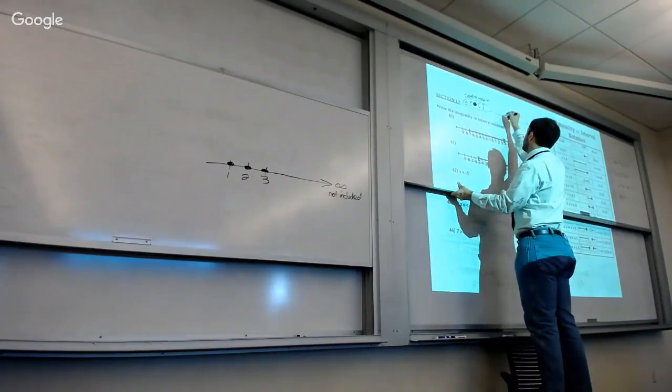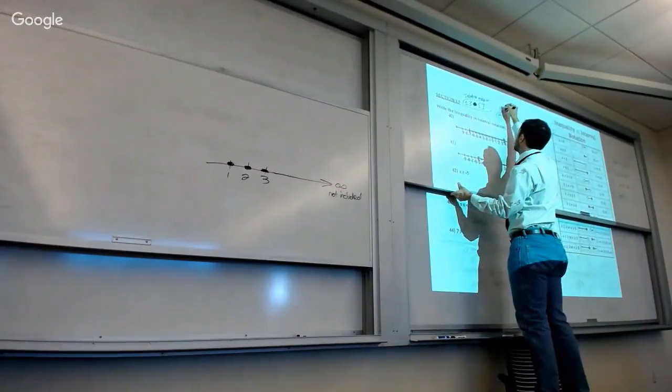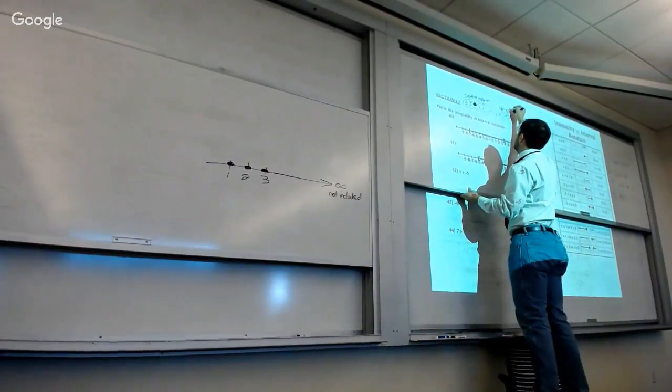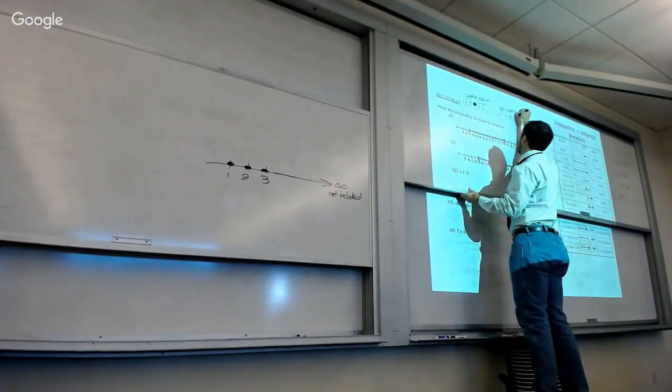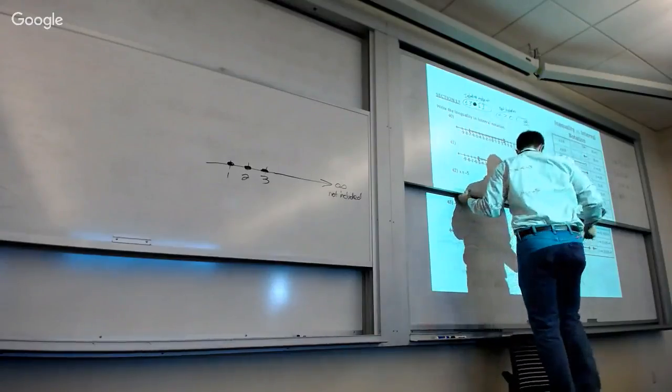Whereas strictly less than or greater than or open circle or parenthesis, that means not including. Oh, and I'm going to slip infinity in there too. There.